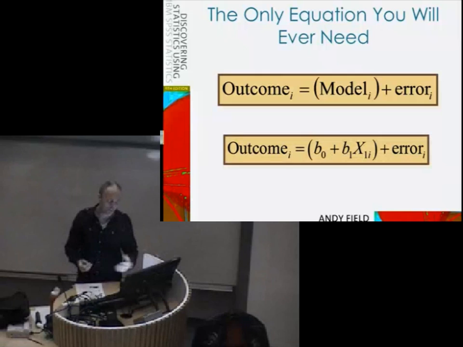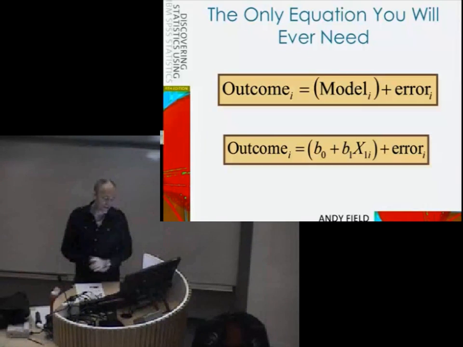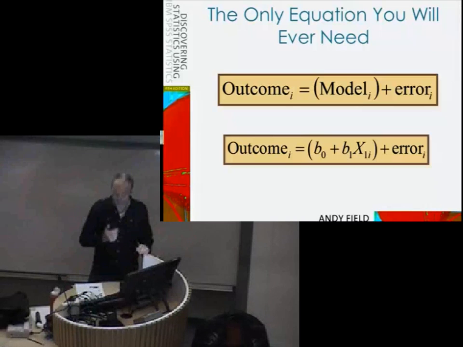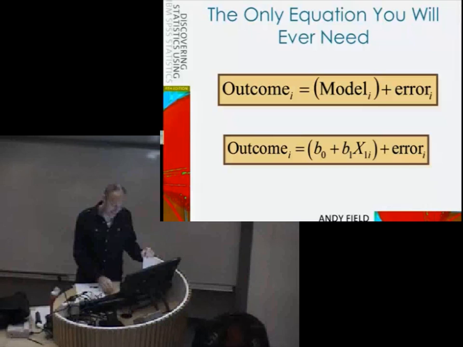So you can predict an outcome from a predictor variable x and some parameters. These betas are called parameters, but they're just numbers, really. When I'm talking about parameters, I'm talking about these betas, essentially.